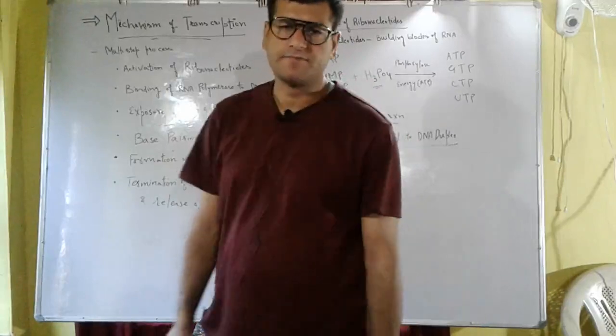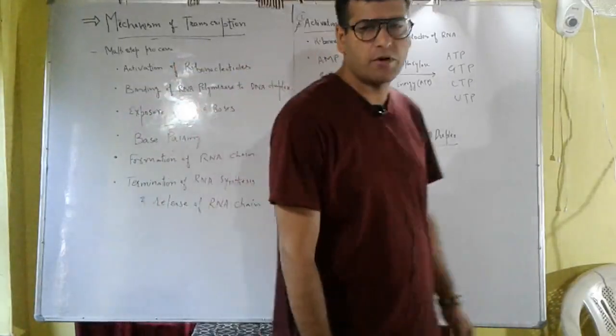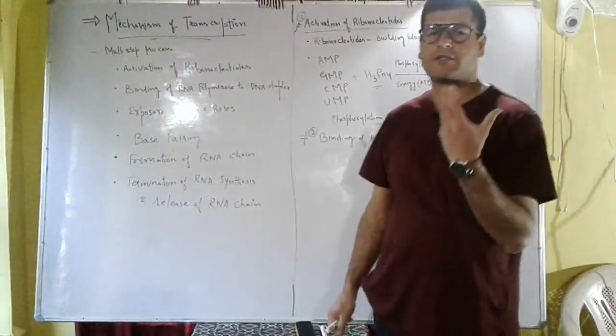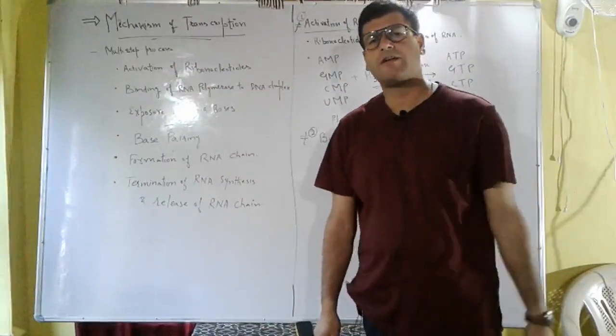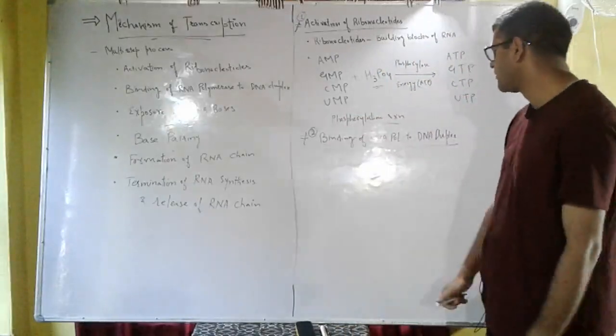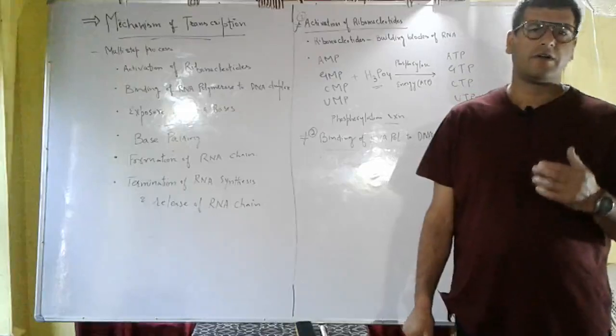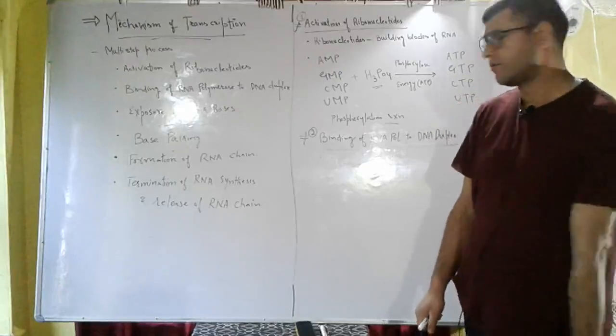We know that the main enzyme for RNA synthesis is RNA polymerase. As in case of DNA, the main enzyme for DNA synthesis is DNA polymerase, the same is the case in RNA synthesis; the main enzyme involved in RNA synthesis is RNA polymerase.